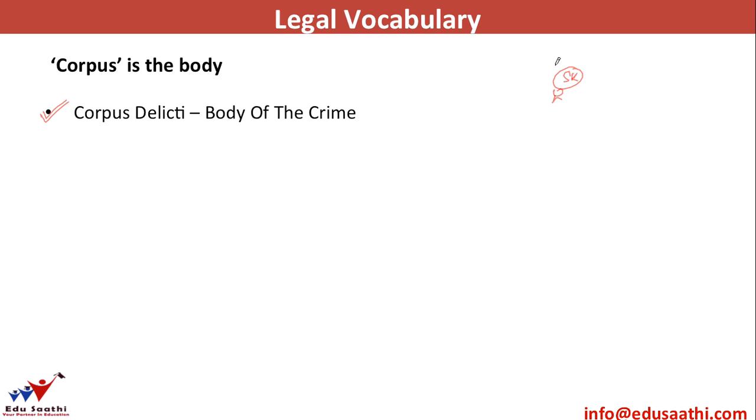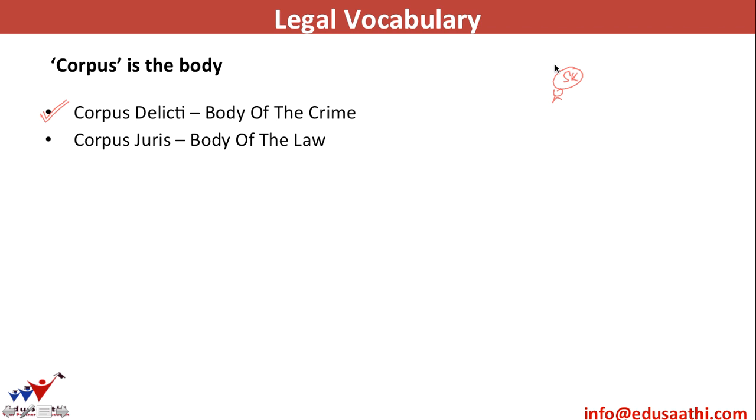Now, I would say that Tabu was part of corpus delicti. That is, she was part of the body of the crime. The people who have done that crime, she was among them. She was part of corpus delicti, right?